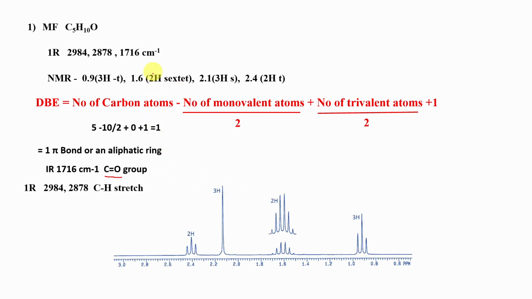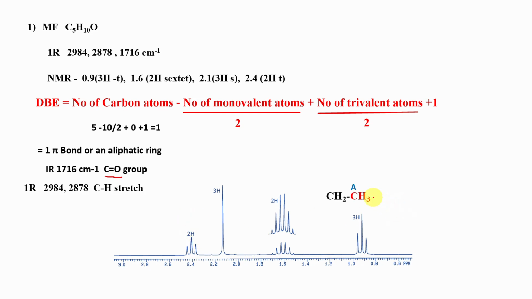sextet. You can see from this NMR spectra, it is 3 hydrogen triplet and it is 2 hydrogen sextet, and 2.1, 3 hydrogen singlet, and it is 2.4, 2 hydrogen triplet.